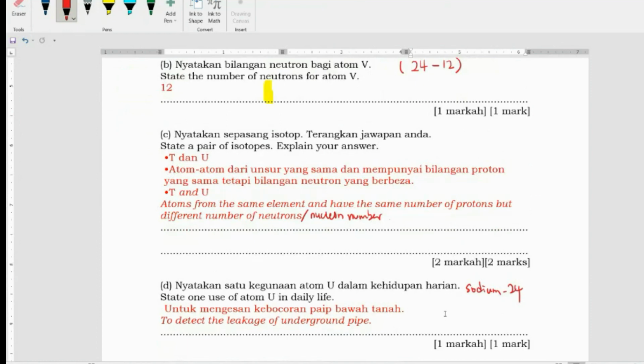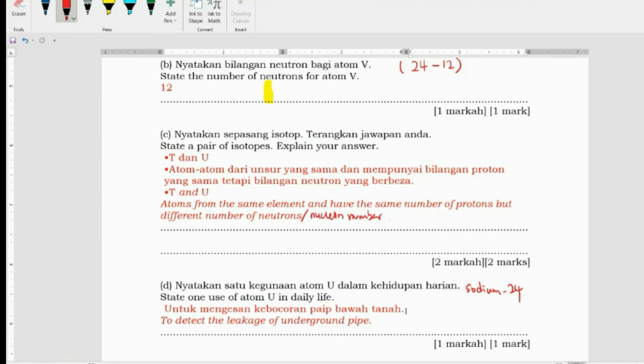Dia nak tahu manakah darah yang terbeku tu dalam badan kita lah. Oh, dia seperti ini. Ini underground pipe, pipe bawah tanah. Very difficult to locate if underground pipe, right? It is a very long one. We don't know where it is.